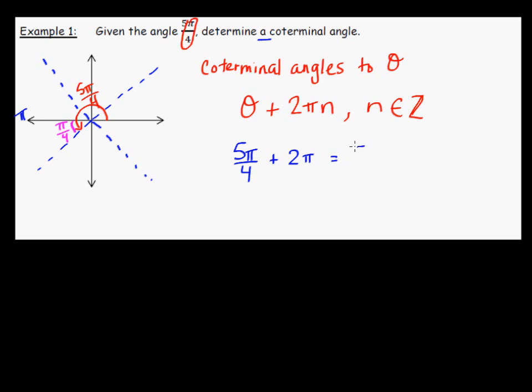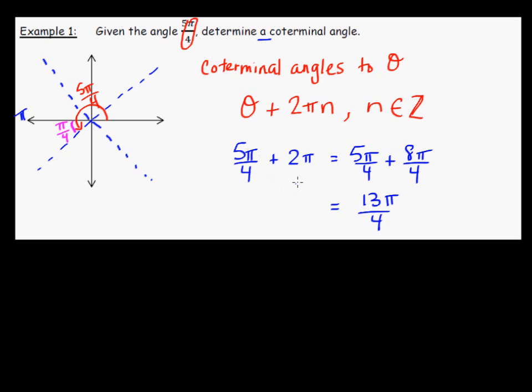So this gives us 5 pi by 4, and finding a common denominator here, I know 2 pi is equivalent to 8 pi over 4. And so I get a total of 13 pi by 4. So 13 pi by 4 is a coterminal angle to 5 pi by 4.